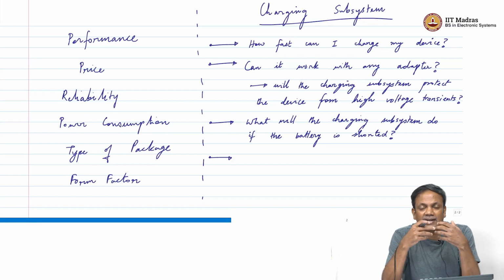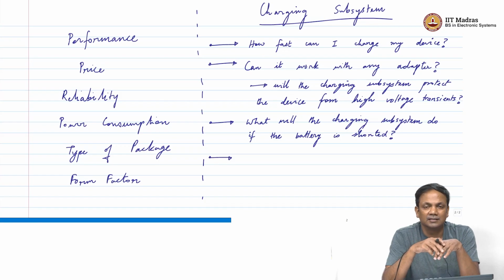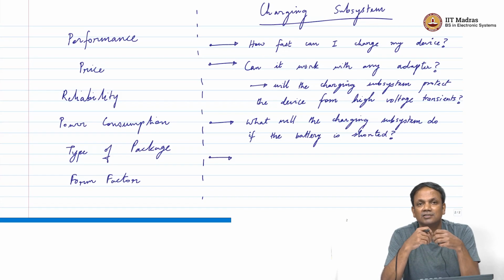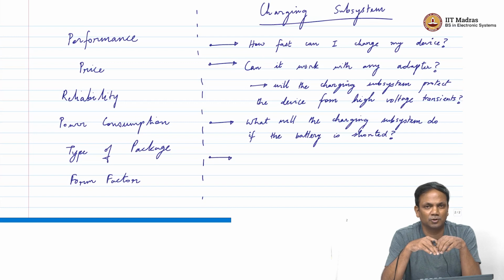The activity of charging involves a fair bit of heat dissipation that will worry any user. So, if the temperature is starting to get very high, if the battery is heating up too much, is there something that the charging subsystem can do? The user might not lead on to this, but the user will think, anything that is potentially unsafe, will my charging subsystem protect against it?